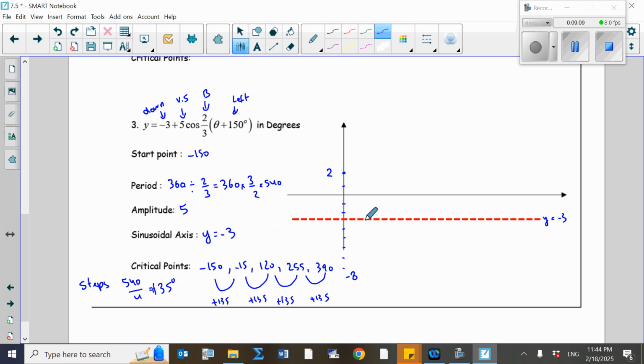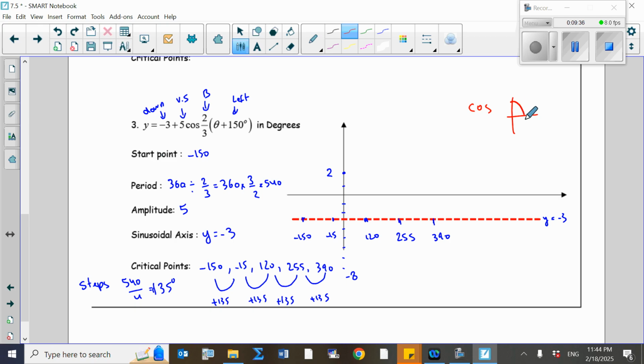Now, we're going to label the sinusoidal axis with the critical points. So here I have negative 150, then I have negative 15, then 120, 255, and 390. Now I'm ready to graph my function. Cosine function, as you know, looks like this.